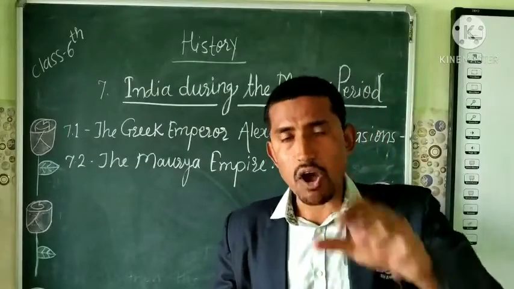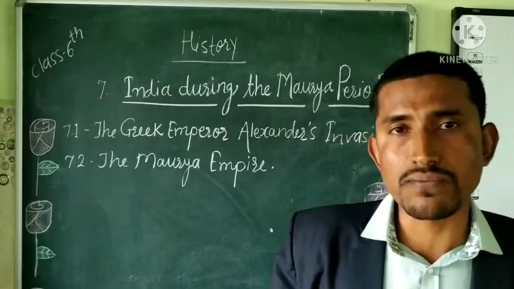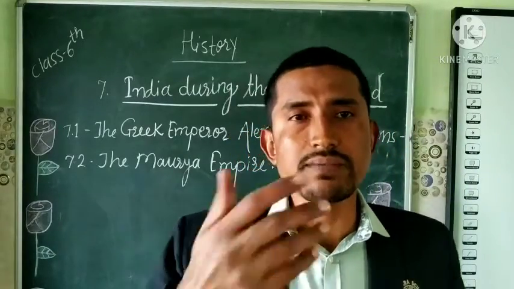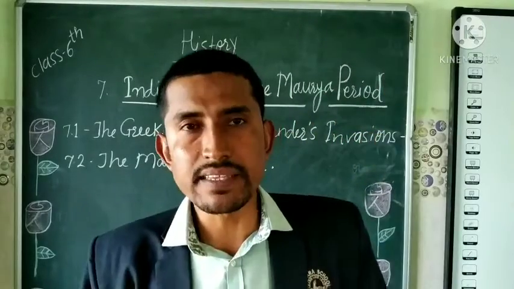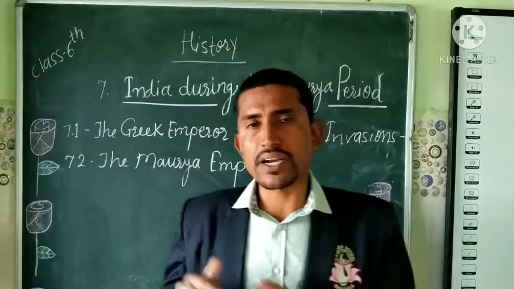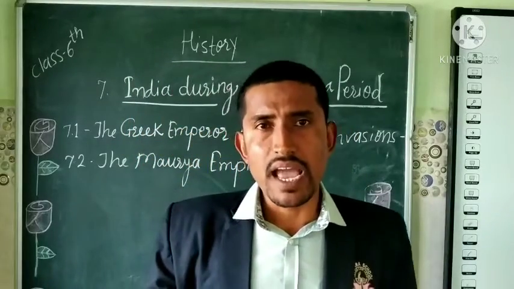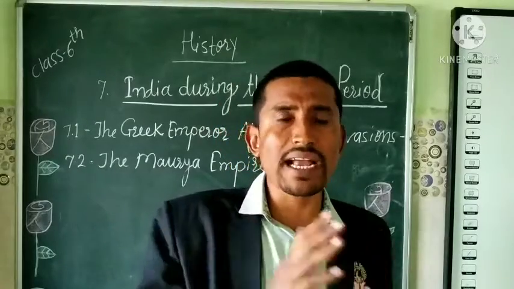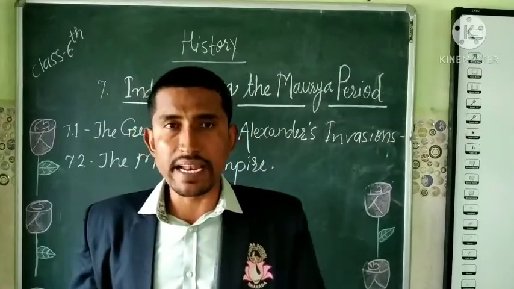But during his long campaign, his army had to suffer from a lot of problems. Due to the long campaign and continuous fights and wars, Alexander's soldiers were tired, and now they were eager to go back. They wanted to go back to their homes, and due to this they rebelled.